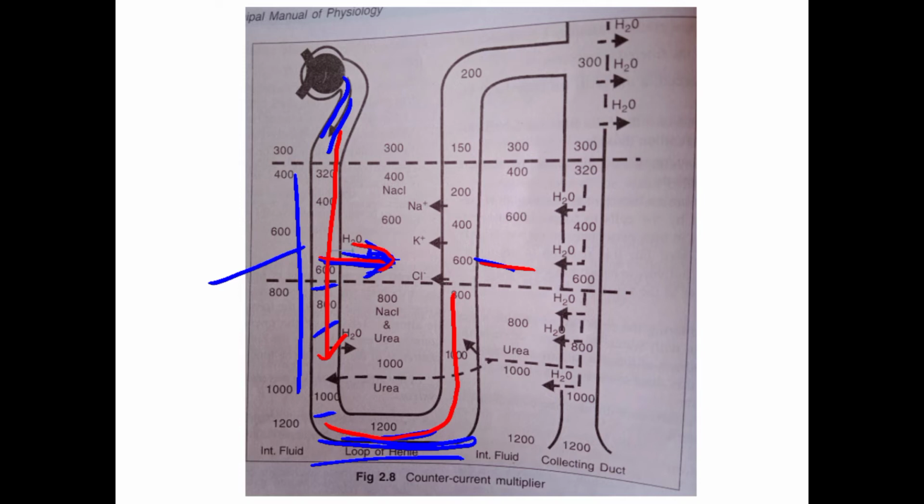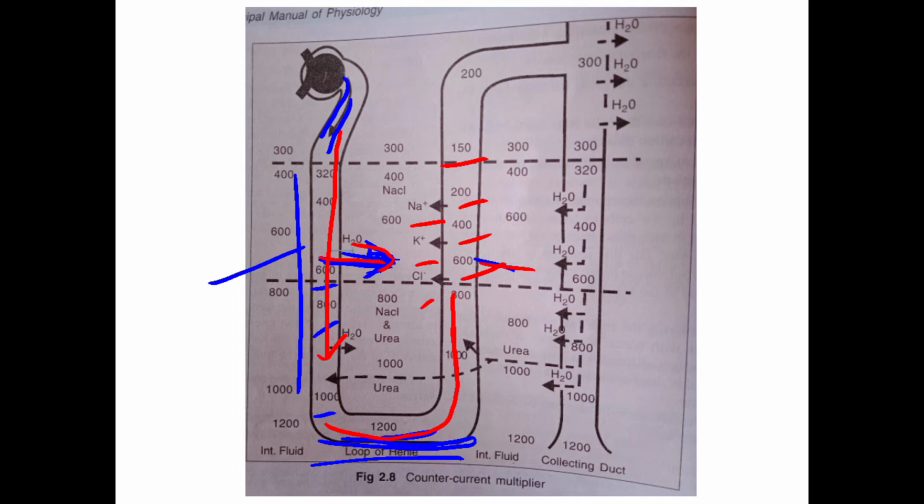These are the osmotically active substances, so they diffuse out, going out from the filtrate. So the osmolarity goes on decreasing: it becomes 800, 600, 400, 200 and reaches 150.